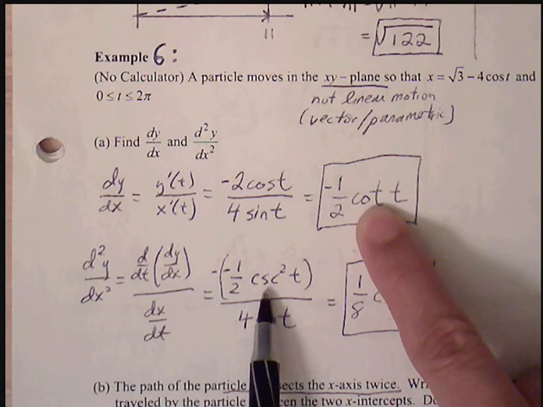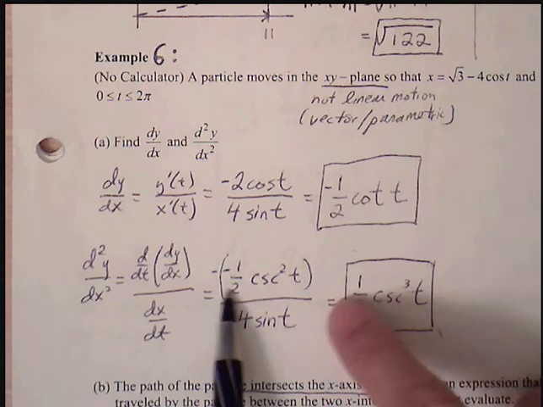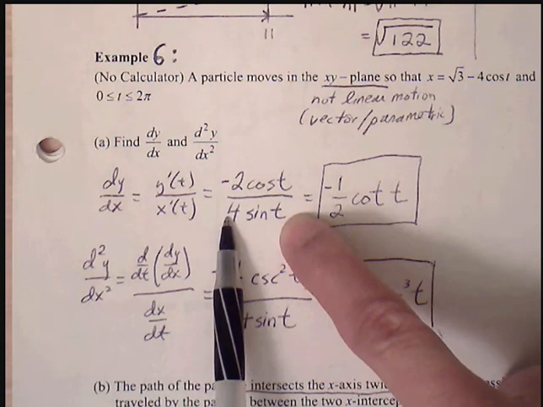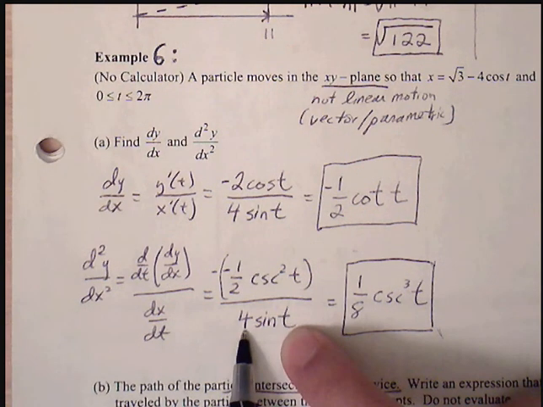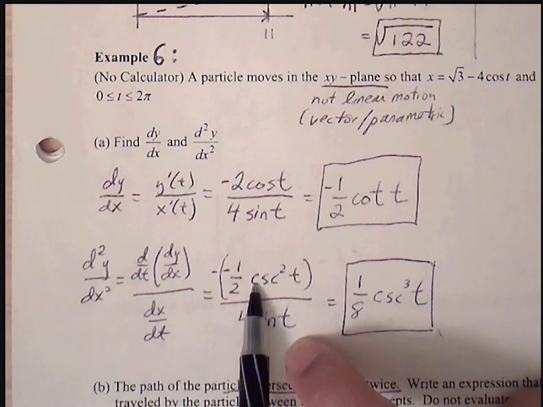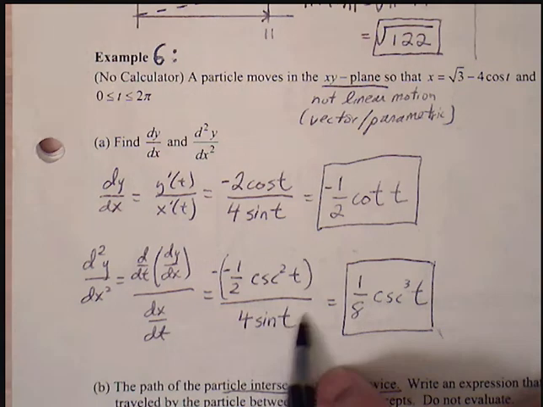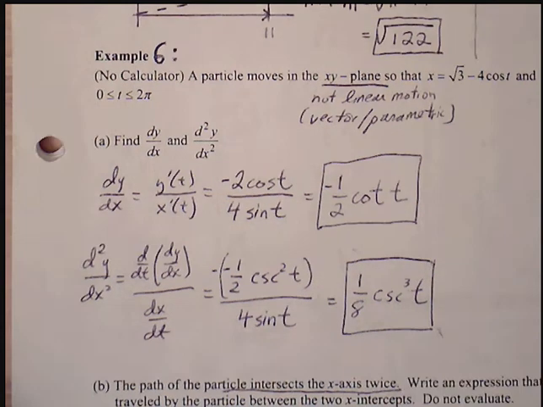Cotangent of t becomes negative cosecant squared of t. And there's already a negative here, so the two negatives will cancel out to be a positive 1/2 cosecant squared of t. And then we keep the x prime of t without changing it. That's the dx over dt, which is 4 sine of t. And then these two can combine a bit more, bring the 4 up to the top, we can make this negative 1/8, and then bring the sine up to the top, flip it to become cosecant as well, and then we can make this 1/8 cosecant cubed of t.